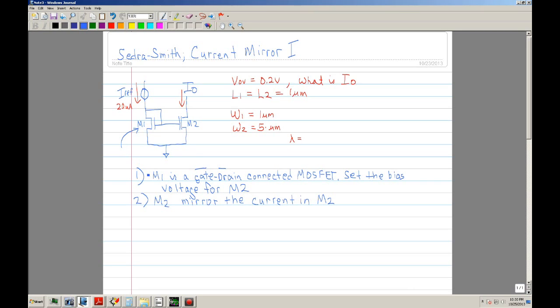When we see a gate-drain connected MOSFET, you have to know that what M1 is doing is actually setting up a bias. And when I say bias, it's more like the DC operating voltage.